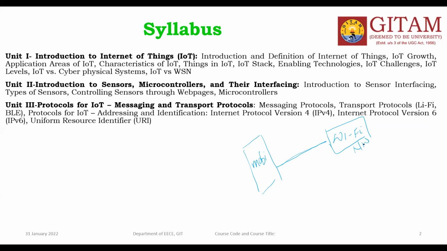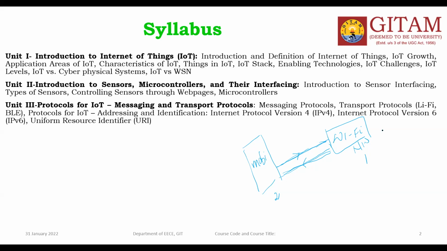So what is the protocol of this Wi-Fi network? You need to use the protocols to communicate between two devices. Maybe the Wi-Fi network is one device, and your mobile is one more device. To make these two devices talk, we need some kind of protocols.